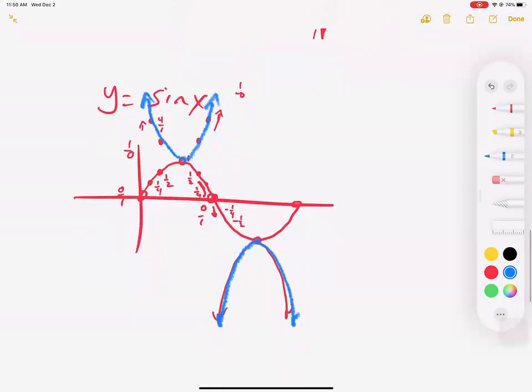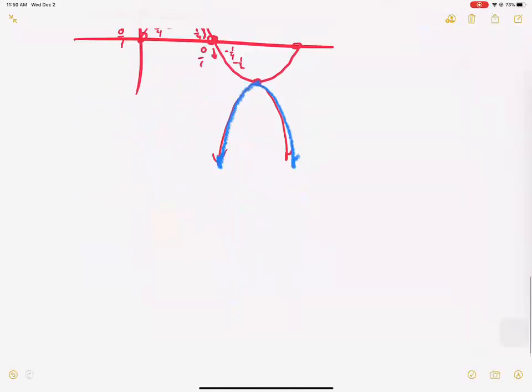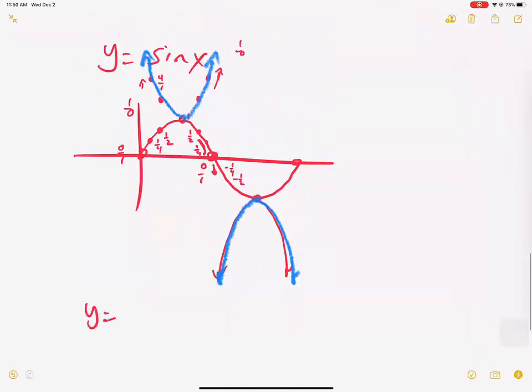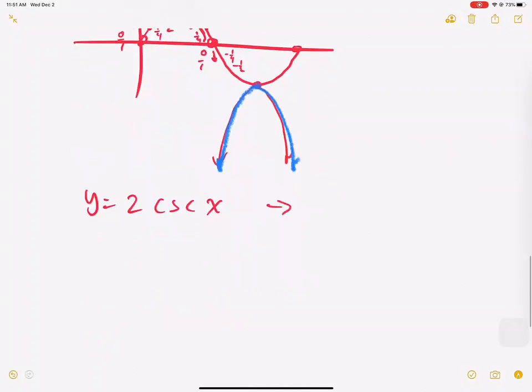So let me go into the Cliff Notes version of it. If I'm going to graph y is equal to 2 cosecant of x, I will instead be graphing 2 sine of x. So we still look for a, b, c, and d, which are all the same values here.